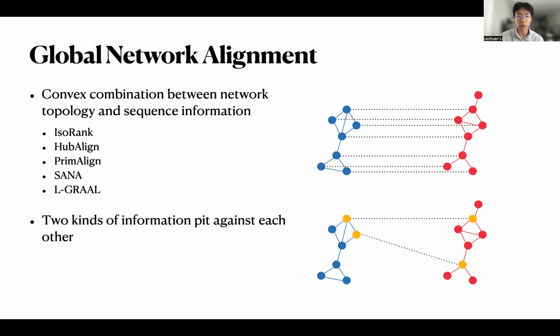There are lots of existing methods in that direction, and they use different strategies to determine the network topologies. But they all have one common shortcoming: they combine the network topology information and sequence information linearly. We can see from the example on the right that sometimes those two kinds of information pit against each other, which indicates there is a more complicated relationship between them than a linear one.